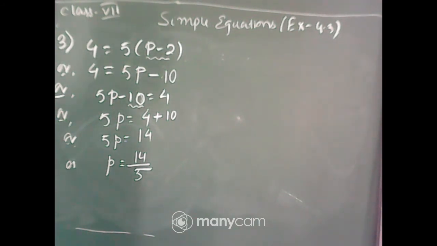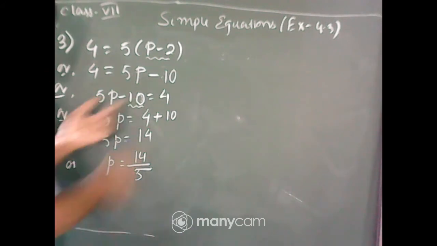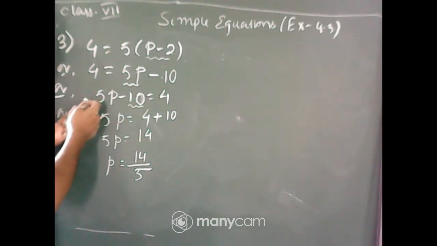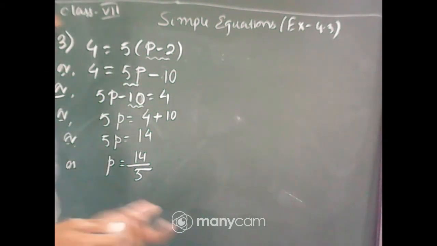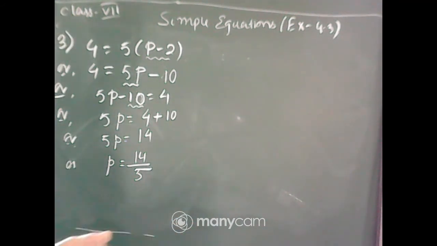Sir, why will we turn the equations? Look, we always try to keep the variable in the left hand side. That's why we are turning the equation. And please do not send any emojis.